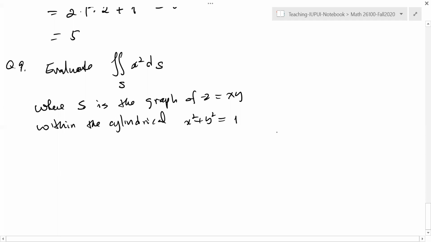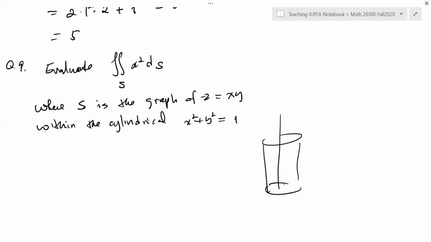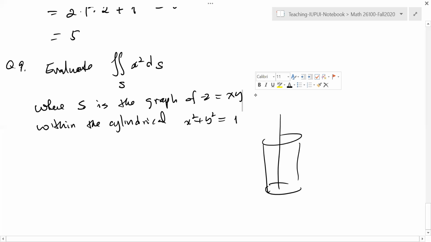So to solve this type of problem, you need to draw the picture first. I think I probably did a similar problem before. At least the surface is similar, z equals x plus y. Now it's possible if I change the problem a little bit, plus a constant, then I can move the surface above the xy plane.